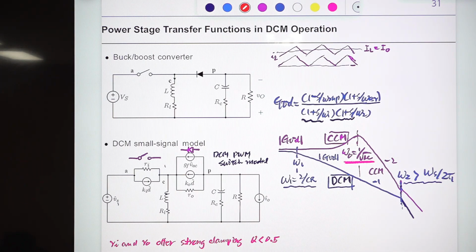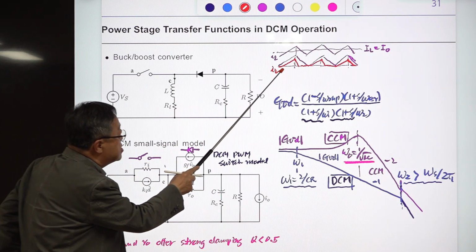This inductor current will be something like this. So you go back if you want to know the details about this. Go back to my book, maybe chapter 3 or 2-3. So this is called DCM.